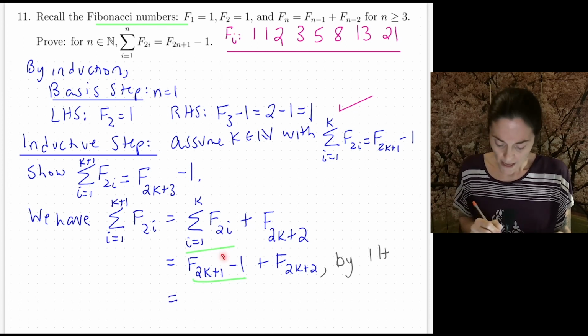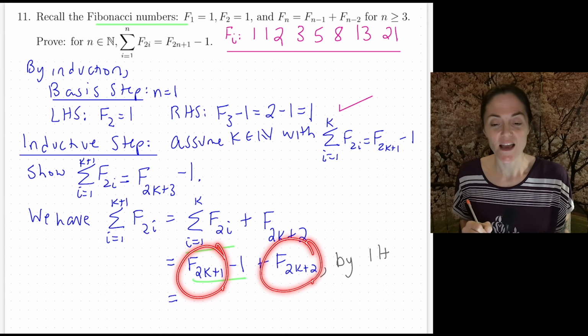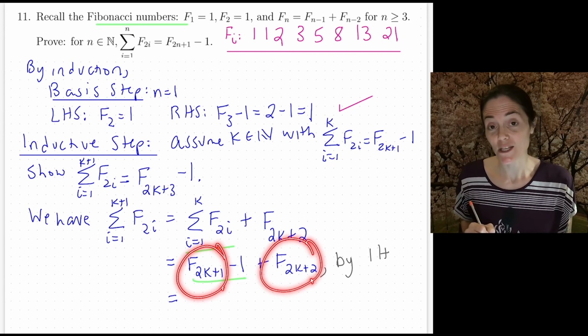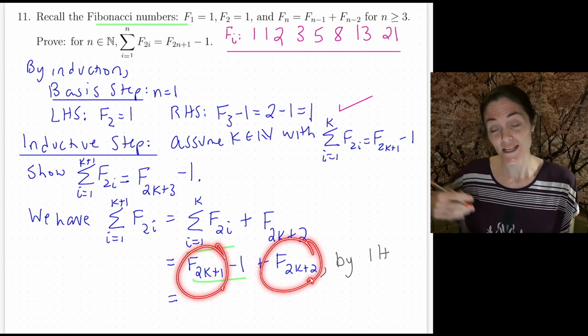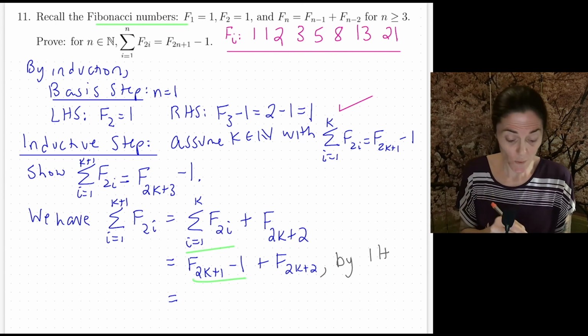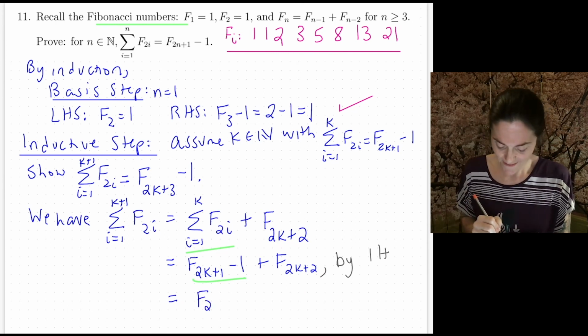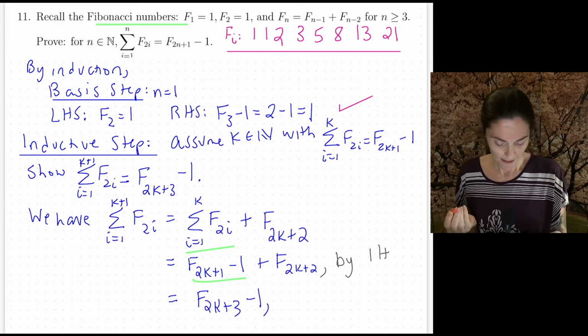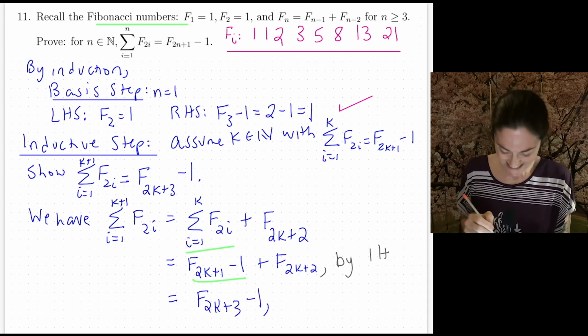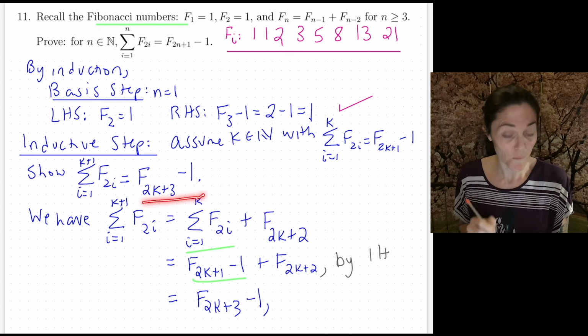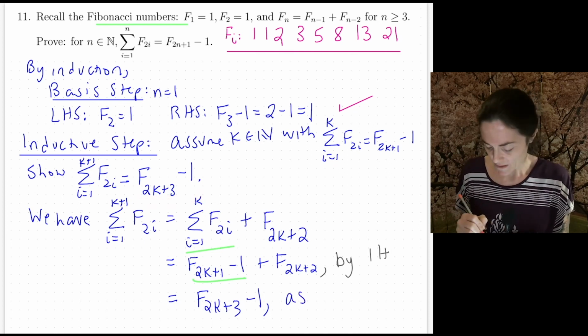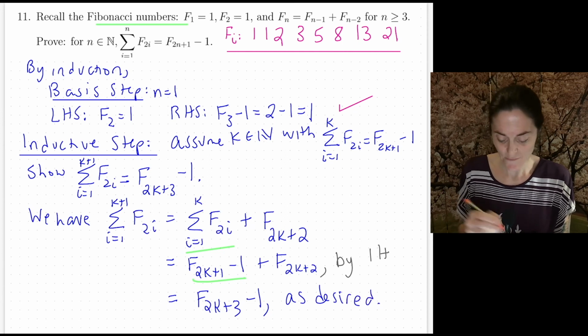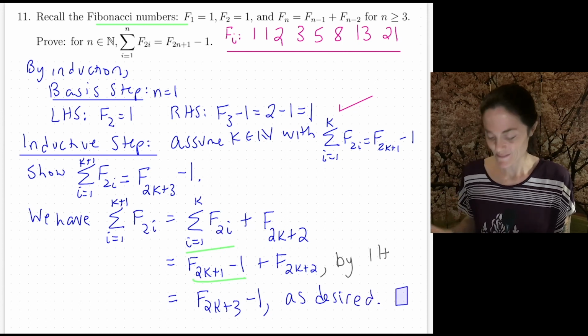We know F2k plus 1 plus F2k plus 2, the sum of any two consecutive Fibonacci numbers is the next one. So this will be F2k plus 3 minus 1. And perfect. You see, this is exactly what I wanted. And so I just write that as desired. And this is the end of our proof by induction.